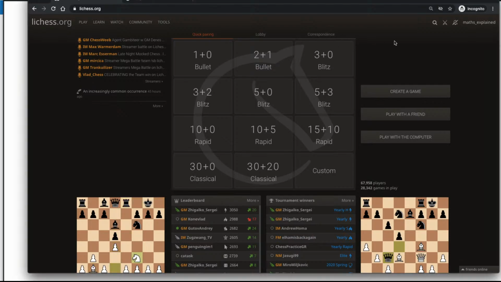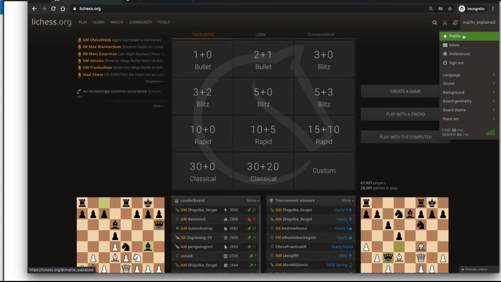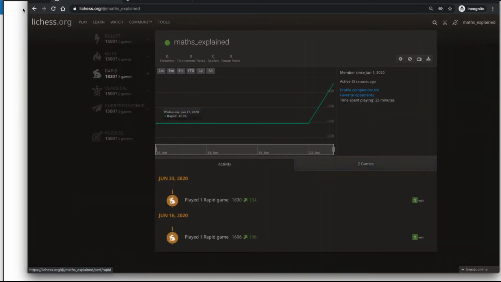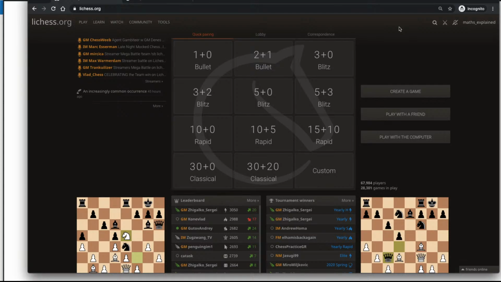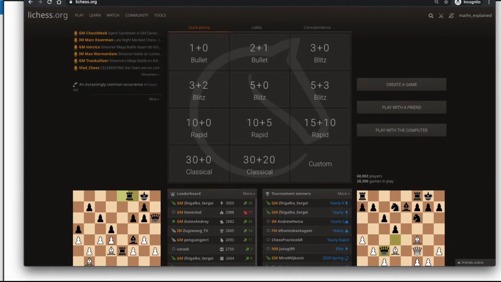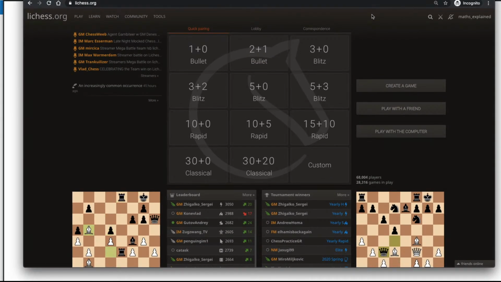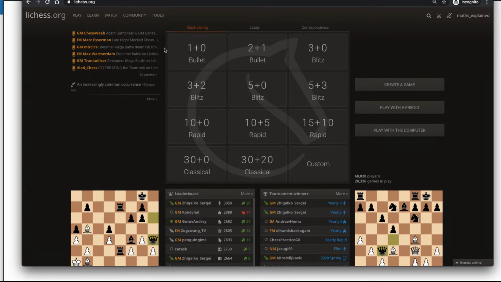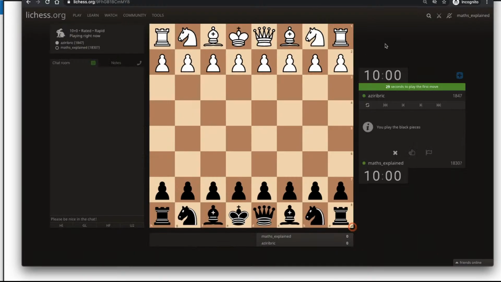Alright. So far I have played 2 games of chess, and I've won both of them. I've been playing 10-minute games. And I've been watching a bit of chess. Actually, I haven't watched it for a few days now, but I've been picking a few things up. So let's see how we go with another 10-minute game today.